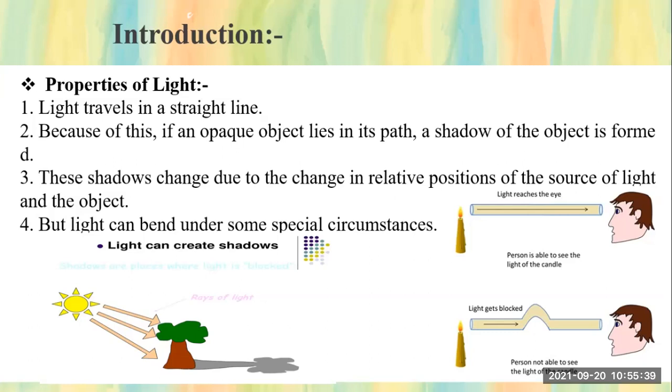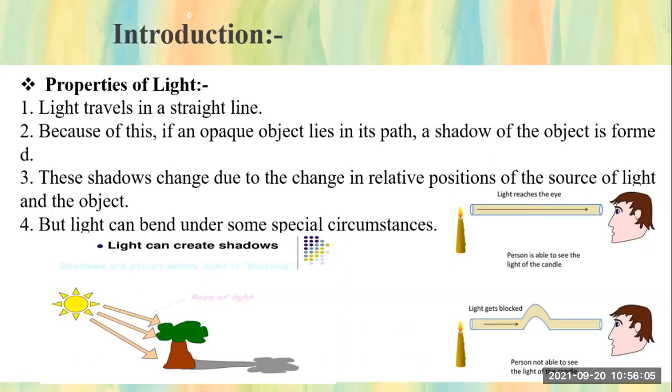Students, in the morning when the sun rises, in the noon time, in the afternoon time, and when the sun sets, every time the position of the sun is changing. So can we see the same shadow every time? No, right? We see there is a change in the shape and the position of the shadow.